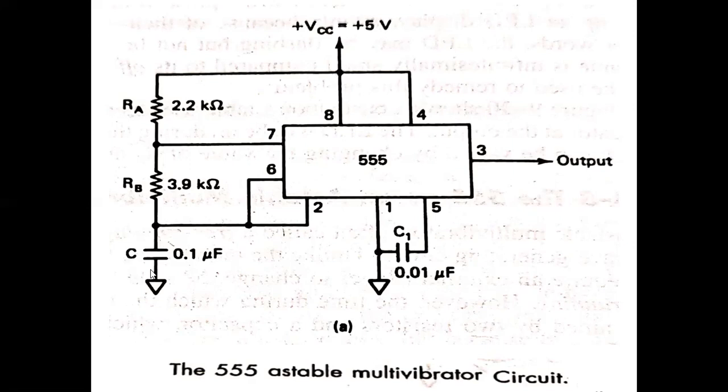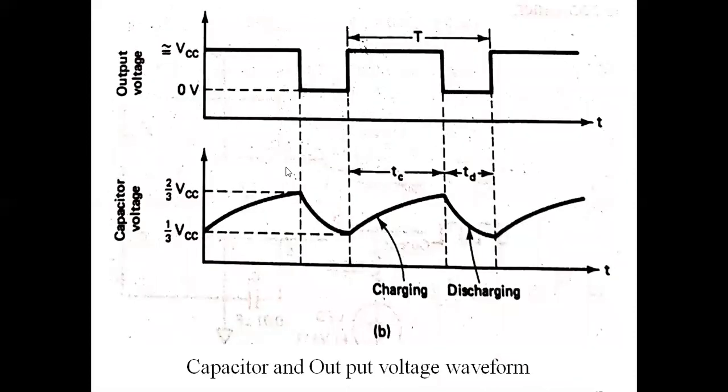And as soon as the voltage across the capacitor is equal to 2/3 VCC, as you have seen in the internal block diagram, comparator 1 triggers the flip-flop and our output switches low.